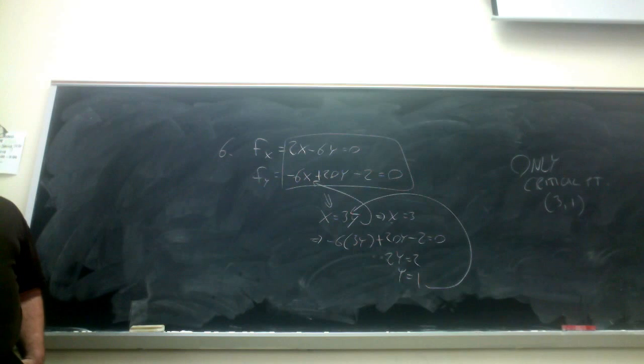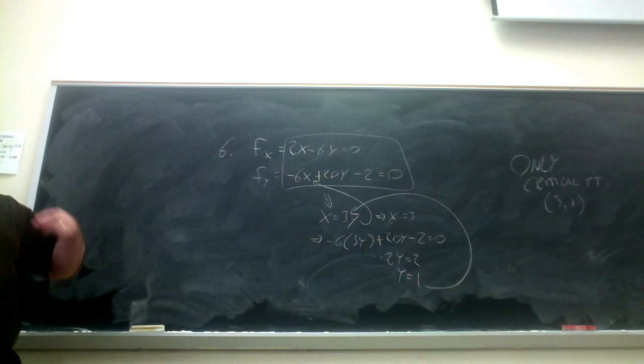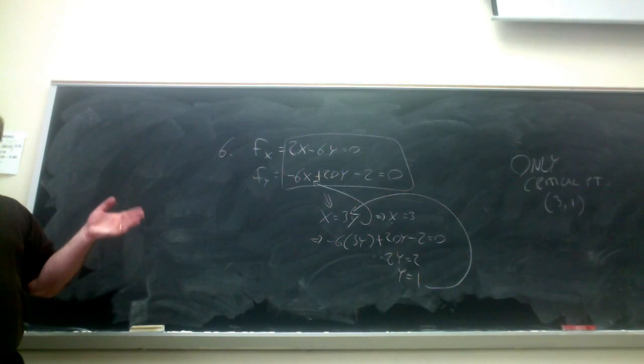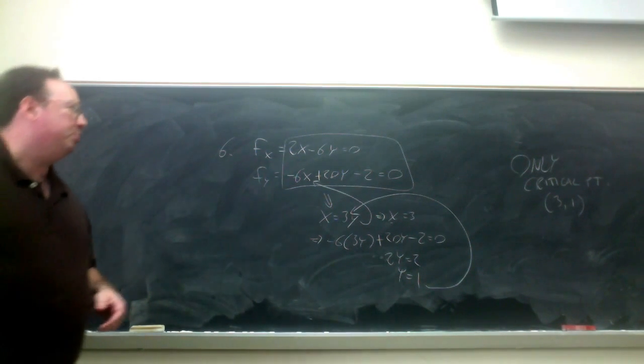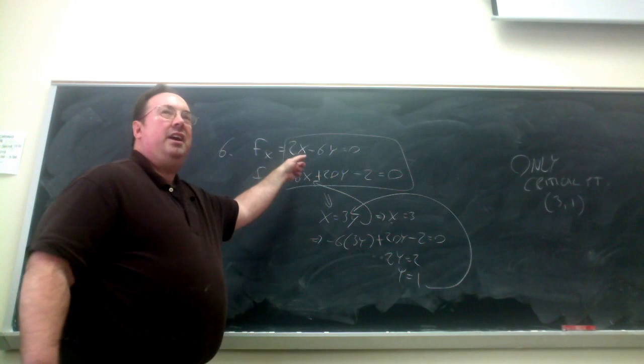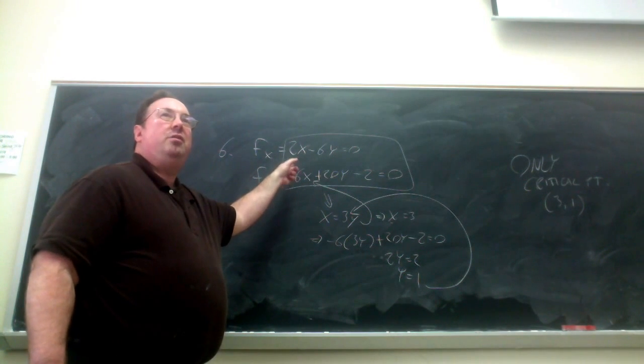I saw some people considering a case where x equals 0 or y equals 0. That made me wonder if there's a misinterpretation of what's in the practice test. The practice test had the possibility of x equals 0 or y equals 0 in those critical points. But let's go ahead and plug in x equals 0 or y equals 0.